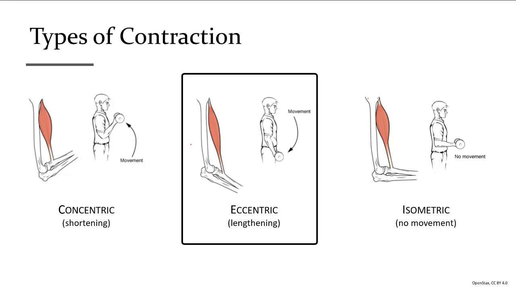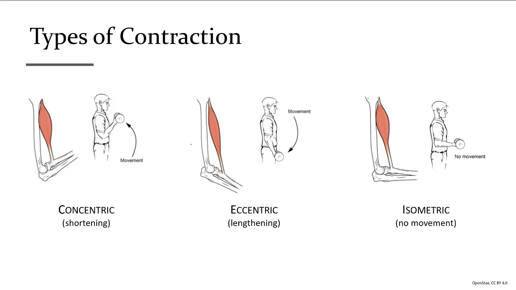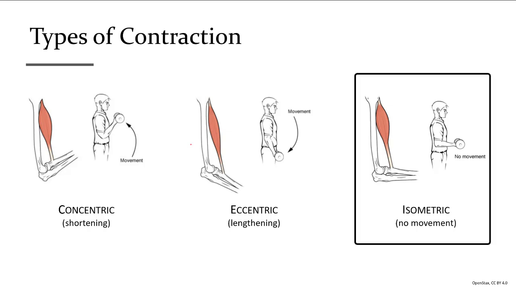So you still are using your muscle, but you're allowing it to elongate while you're extending your arm out. That's known as eccentric contraction. If you're holding the barbell and not moving, but you're contracting, your muscle's working, but it's not shortening or lengthening, it's just staying in the same place, that's known as isometric.